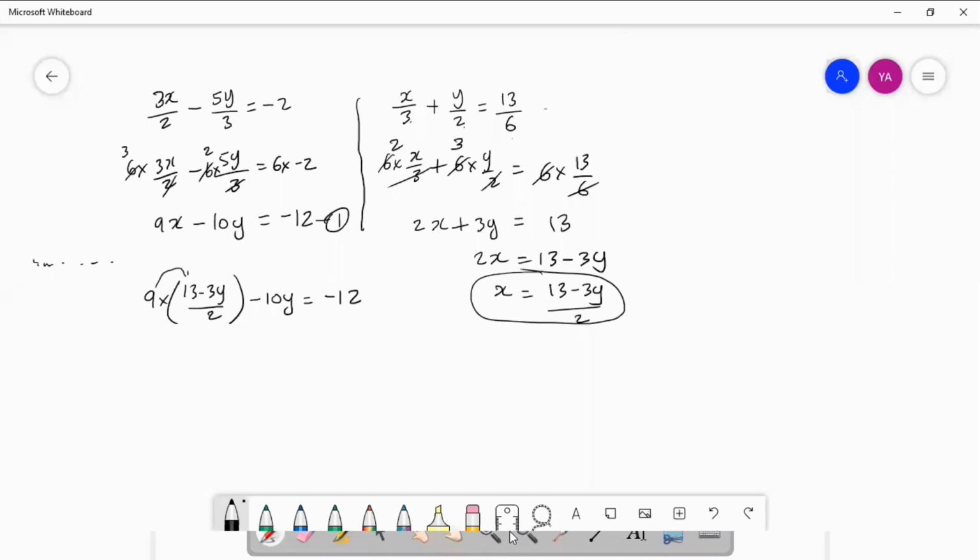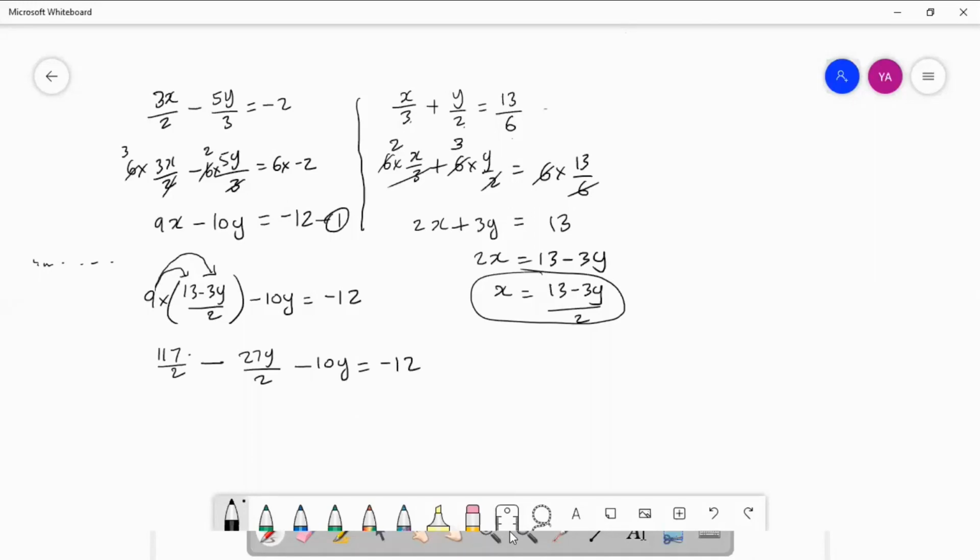So 9 into 13 and 9 into minus 3y, and by 2 is there. 9 times 13 is 117. Then minus 9 times minus 3y gives 27y, by 2. Minus 10y is equal to minus 12.